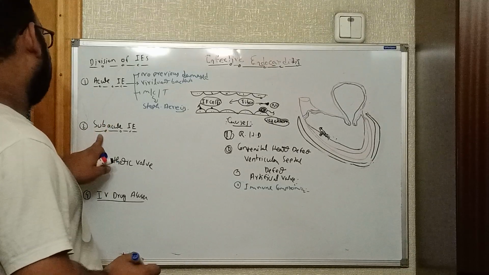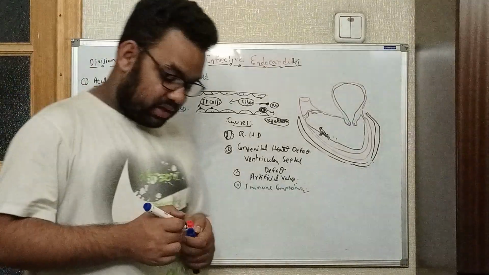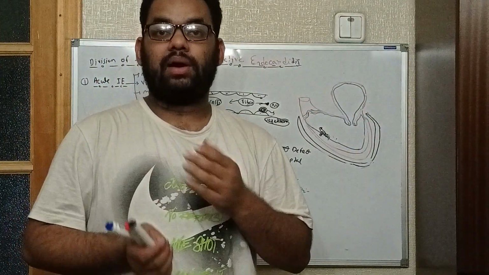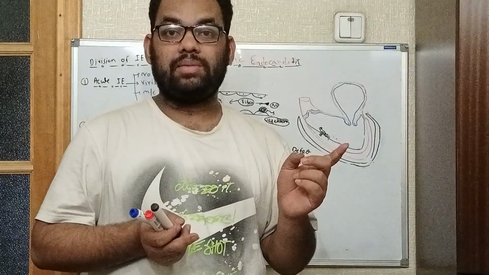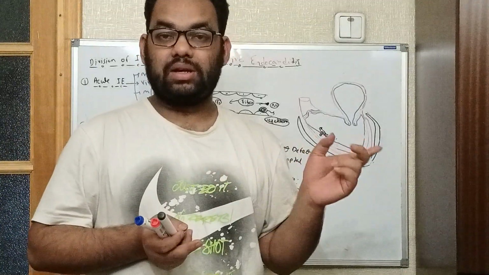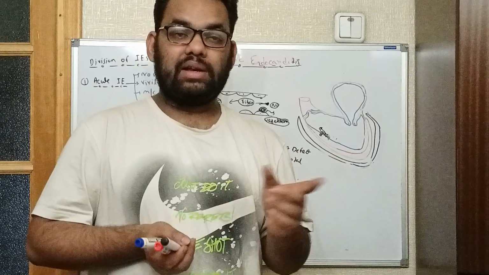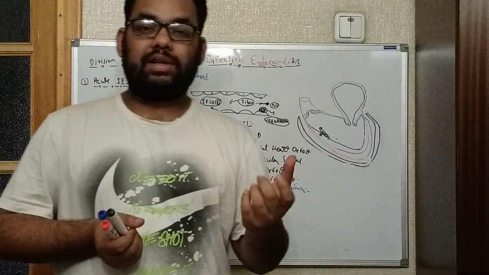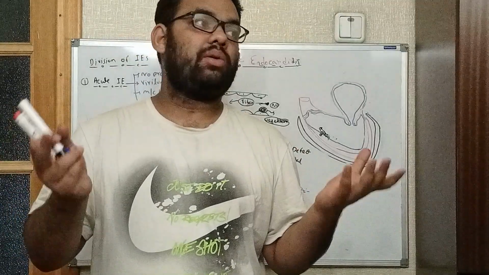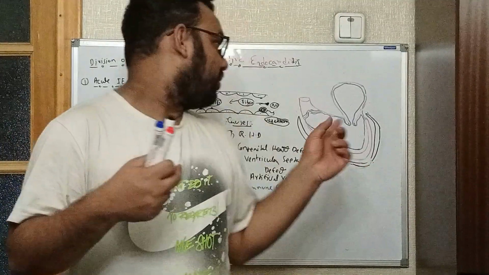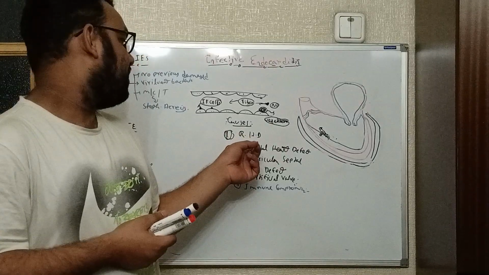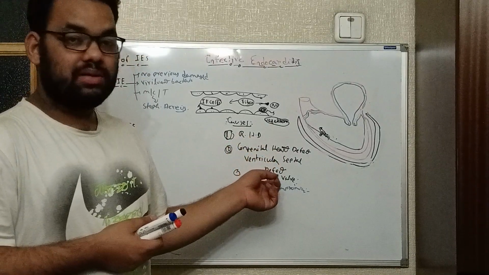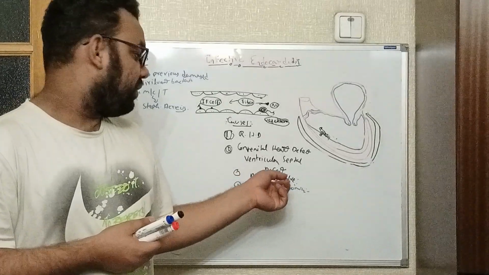Now, in terms of subacute infective endocarditis, I said already that in acute infective endocarditis, the endocardium is getting infected for the first time. But in subacute infective endocarditis, there is a person who already has a problem in the endocardium, for example rheumatic heart disease, congenital heart defect, ventricular septal defect, or artificial valve.